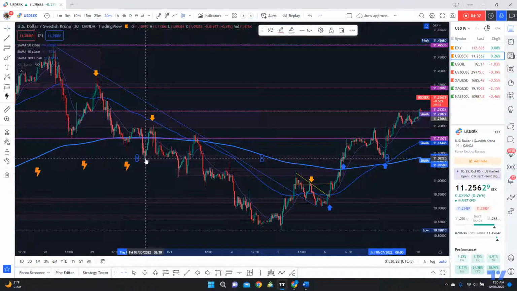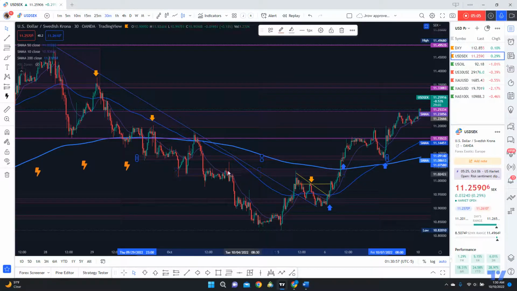You can see price respected this area right here. 1, 2, 3, 4, 5, 6, 7, 8, 9, 10 wicks, and then it went down to this area, went back up, retested that area again to the top of that zone, went back down, went back up to another important area, went back down, respected it twice, then it broke through it.